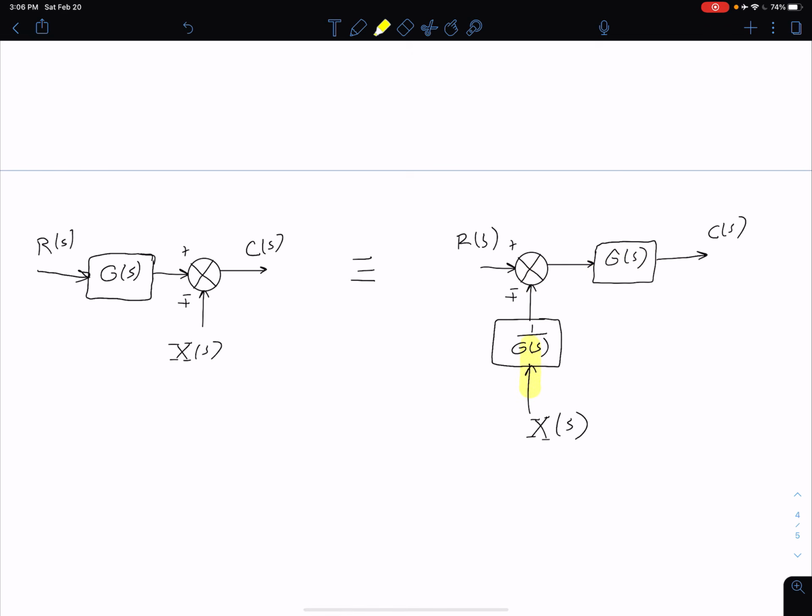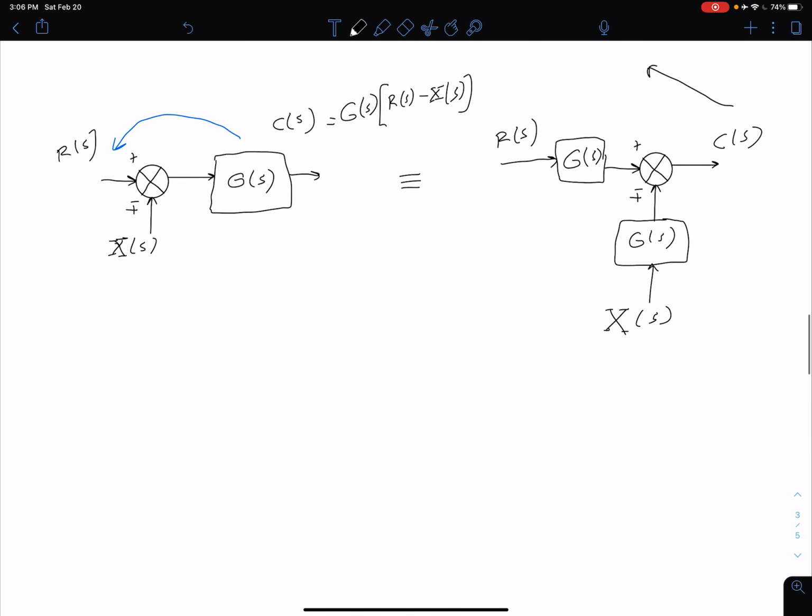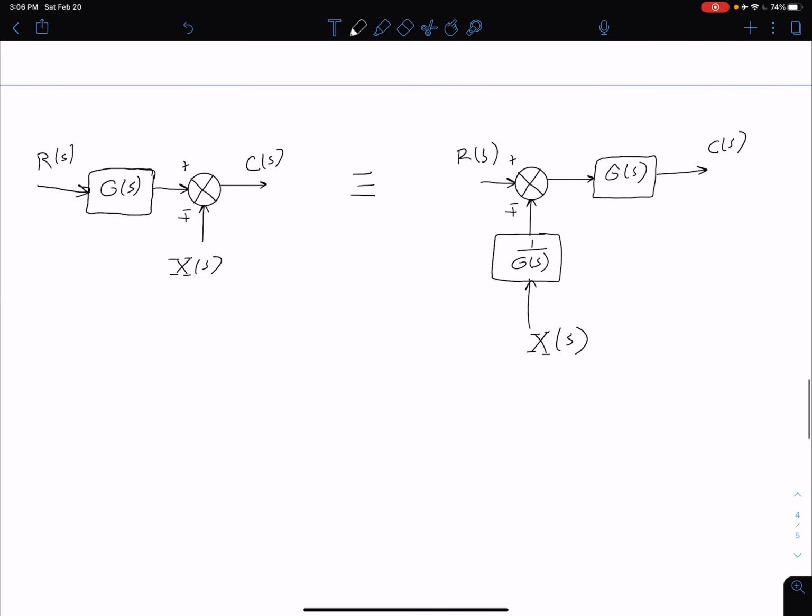So we have to have this 1 over G to cancel out with that G of S that it sees here. Again, we could go through the same type of procedure and figure out C of S in both cases. I'll leave that as an exercise to you, but doing so should confirm this equivalency shown here.